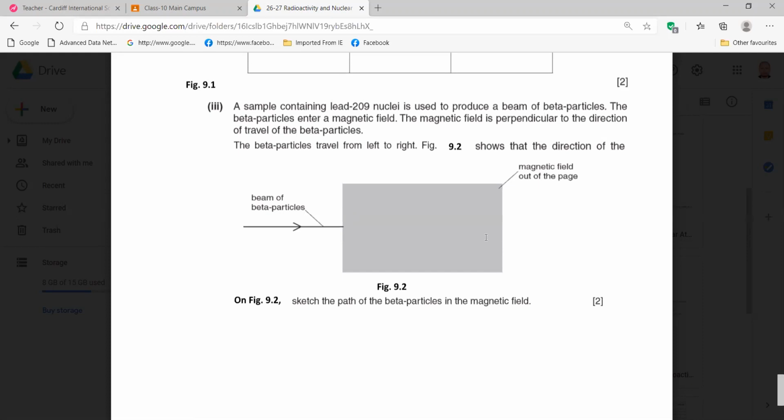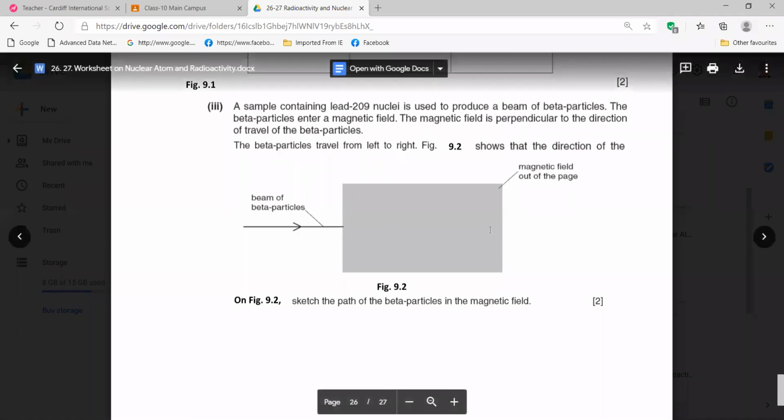In the right hand rule, we are having electricity from kinetic energy. So your beta particle is moving here. That means we are having current here, isn't it?